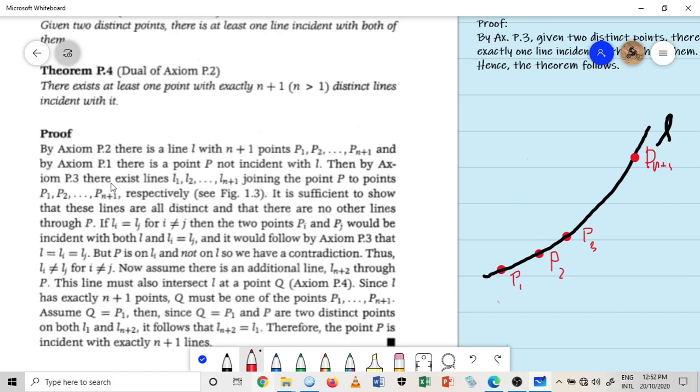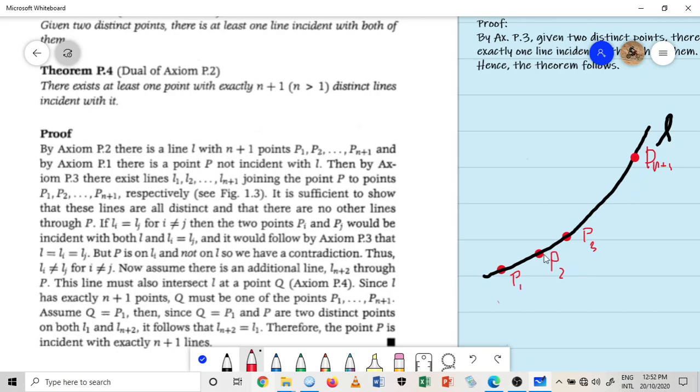Now, axiom P.1 says that the system should contain at least 4 points in which 3 are not collinear. Meaning this n plus 1 points cannot be all of the points in the system because all of these are on the same line. They are collinear.